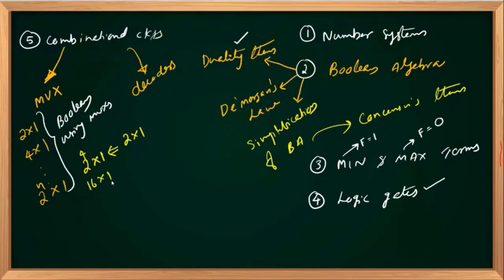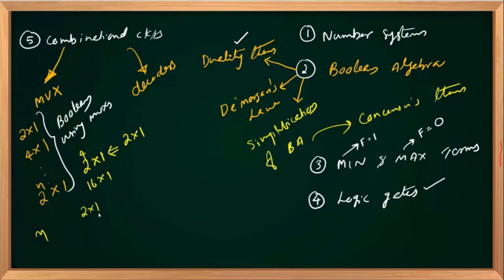And we will conclude that all Boolean functions can be implemented using multiplexers. And we will deduce a condition to implement an n-variable Boolean function using only 2 by 1 multiplexers.